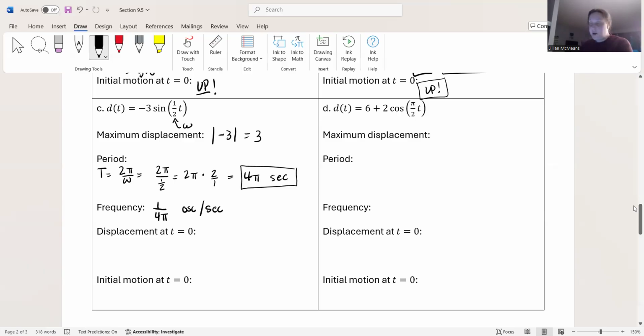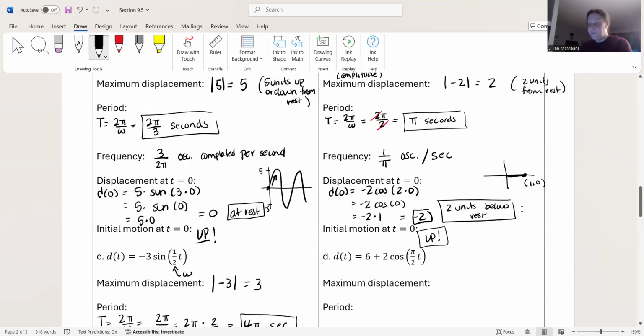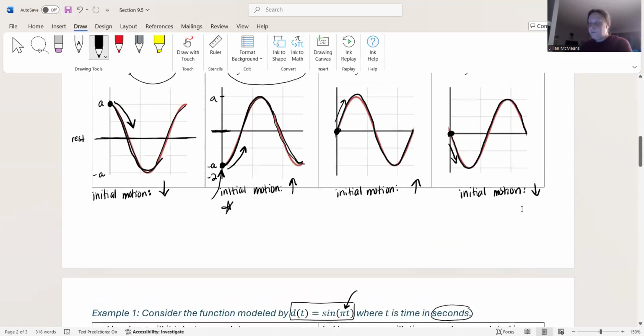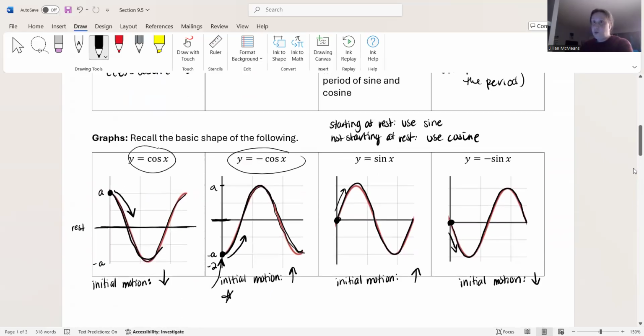displacement at time 0. So let's think about this. Okay, when we have a sine function, we're starting at rest, okay? So we're dealing with this little critter right here, where our maximum displacement or our amplitude is 3. Okay, so when time is at 0, it hasn't started yet, we're at rest. Okay, we haven't moved. We're exactly at rest. We're 0 units away.